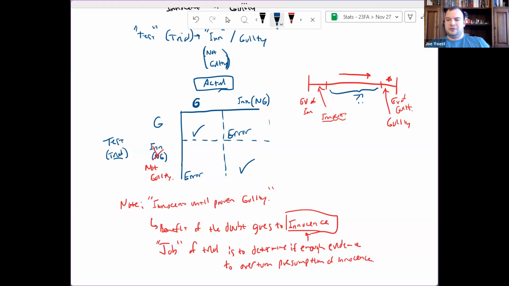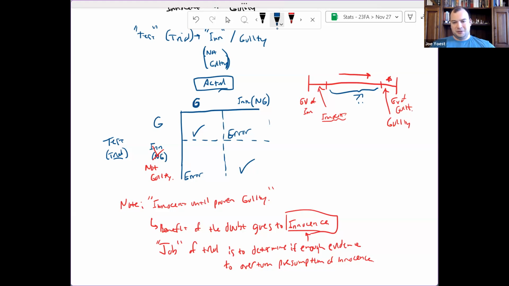So the trial failing to provide enough evidence to overcome that high bar to prove guilt beyond a reasonable doubt doesn't mean that it's been clearly and convincingly established that the person is innocent. Maybe it has been established very clearly, but maybe there's a decent bit of evidence they're guilty, but not quite enough for us to overturn that presumption of innocence.